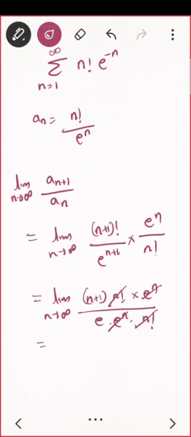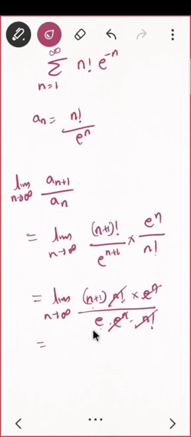Yes, tell me. What is the conclusion? What is this limit? This is (n plus 1) upon e. What can you say?